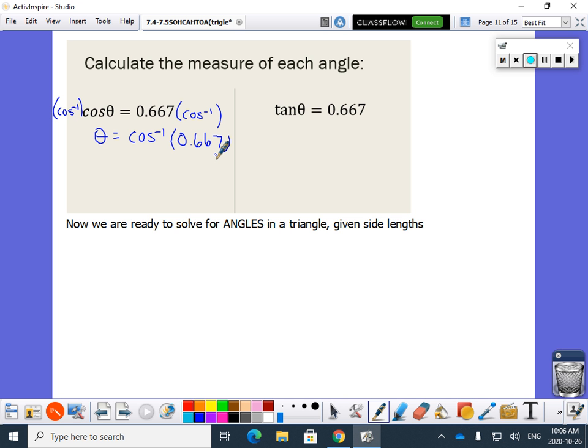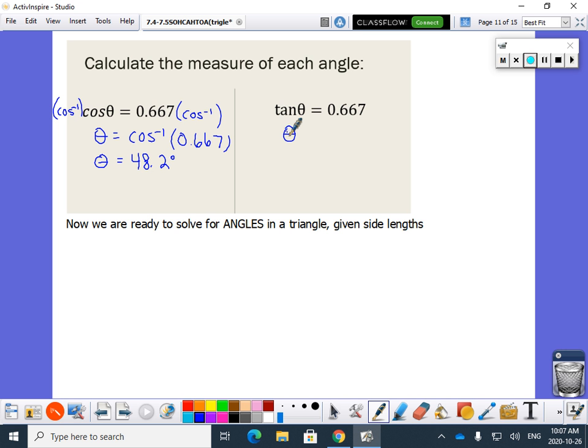Is this the same example as the last one? Yeah, it is. Can someone do that for me? Cos to the -1. So that becomes 48 point what? 1 decimal place for our angles, right? Wonderful. Degrees.